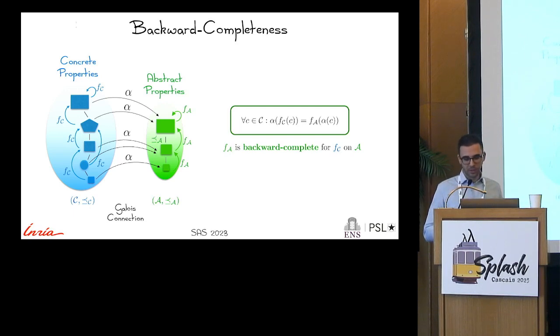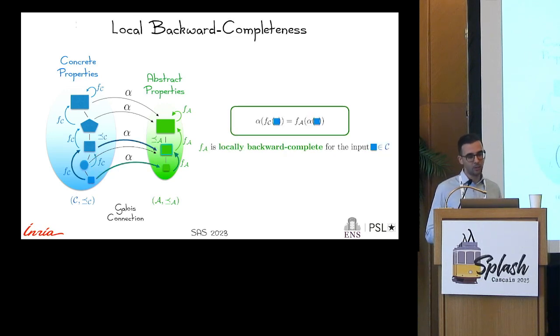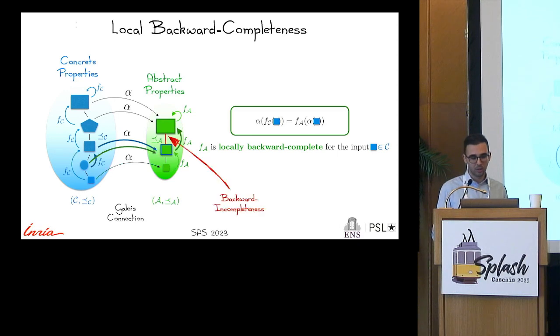And this property says that an abstract operator is backward complete with respect to a concrete operator for all possible concrete inputs, in this case, when the result of the abstract operator is the same as the abstraction of the result of the concrete operator. And also, again, we have the local version. So we say that it is local backward complete for a concrete input when the equality holds for that input. So it might happen that it is backward incomplete for a concrete input.